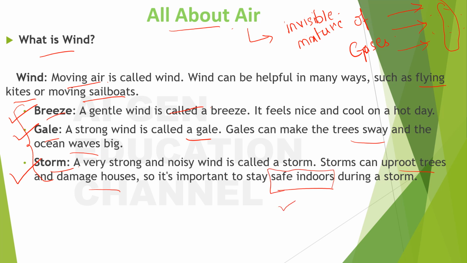There will be a separate chapter on this which tells you the do's and don'ts when there are storms, earthquakes and all that. We will see about it in the next chapter, but for now just keep in your mind that you have to stay indoors when there is a storm. Storms are very dangerous and they can uproot the trees and damage the houses. So this is about the wind, the moving air.